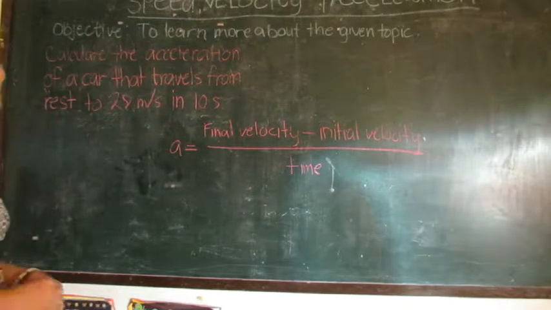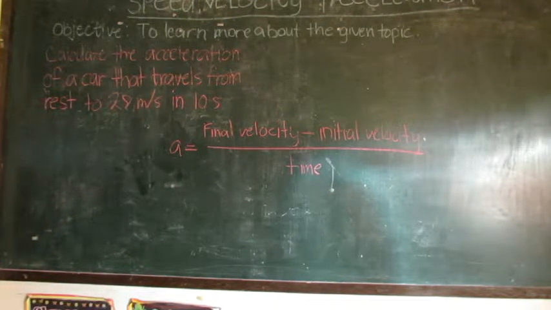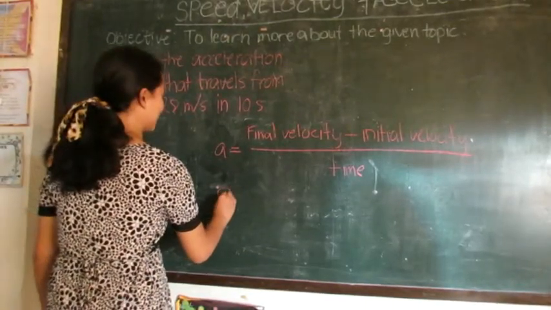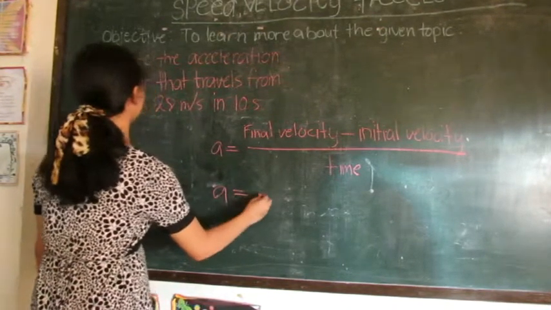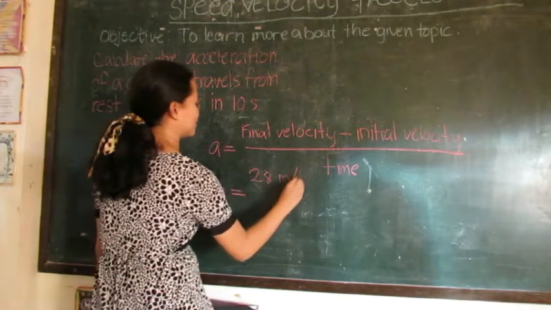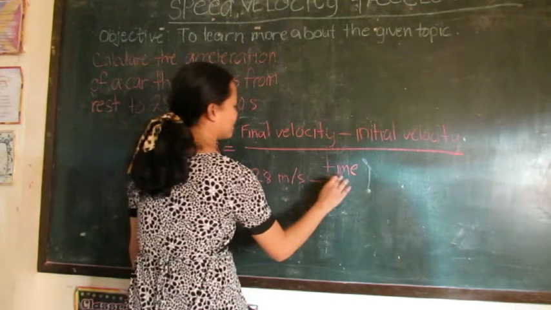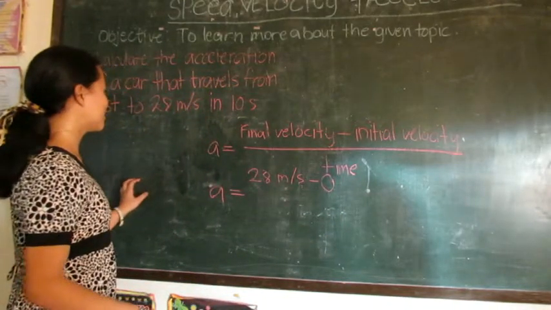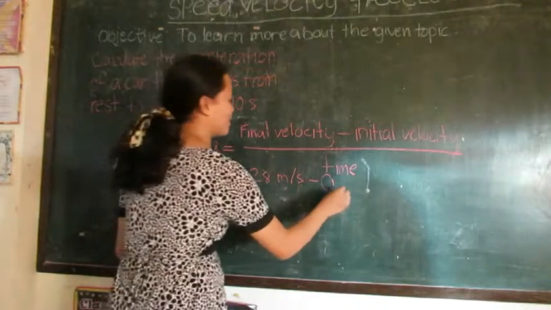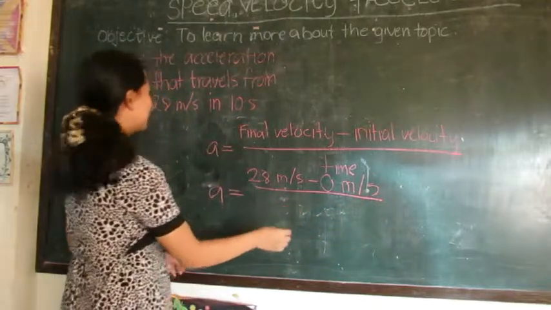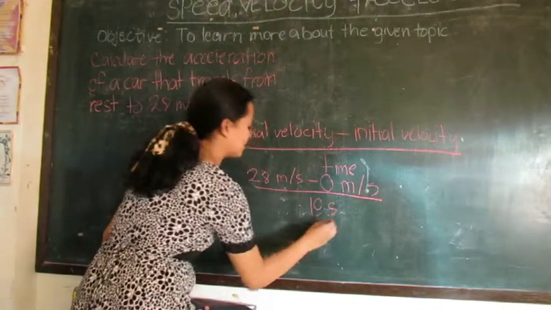Let's say, calculate the acceleration of a car that travels from rest to 28 meters per second in 10 seconds. So A is equal to the final velocity, 28 meters per second, minus 0, since the car was at rest before it started to move at 28 meters per second, all over the time, which is 10 seconds.